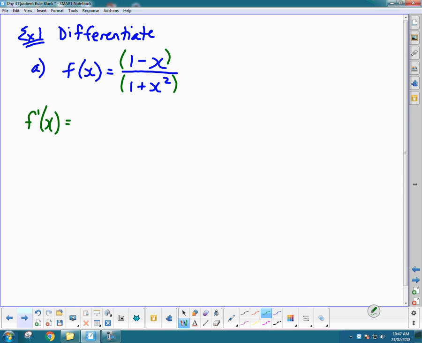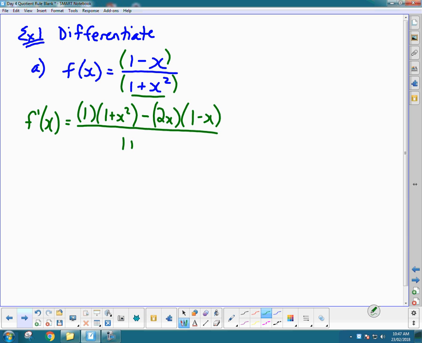Since it's just 1 minus x, the derivative of that is just negative 1. So the derivative of the top times the bottom, as is, minus the derivative of the bottom, which is just 2x, times the top, as is. So that should feel a lot like the product rule, just with a minus sign, all over the bottom as is squared. We don't do anything, just keep the bottom as is squared.